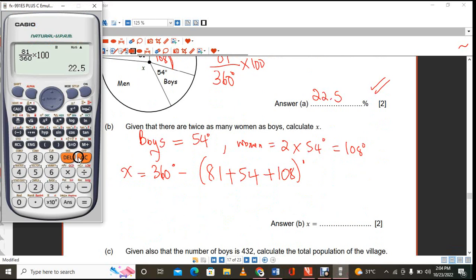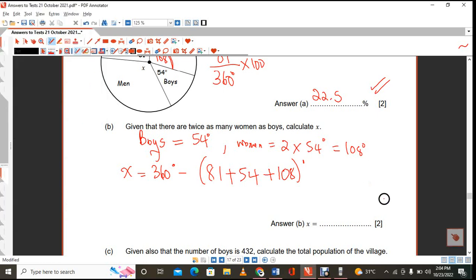So you say it's going to be 360 take away 81 plus 54 plus 108. Okay, that gives you 117. Well, you can also simply say 360 minus 81 minus 54 minus 108. You still get to the same answer.